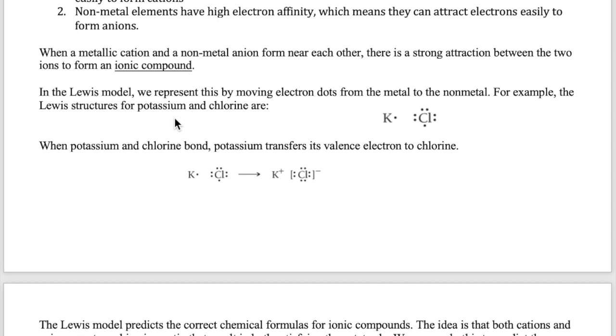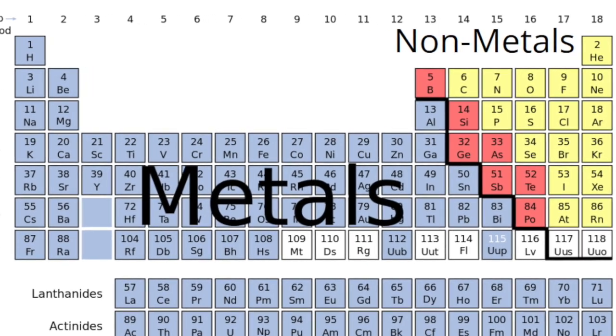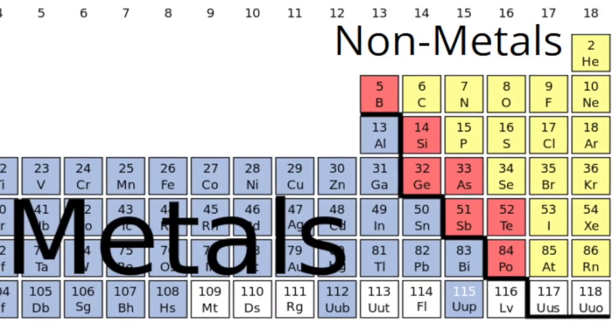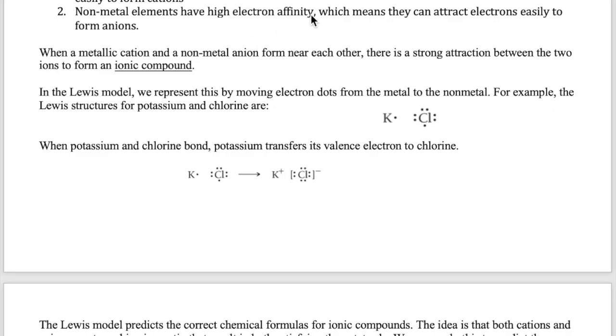That, of course, means that they can lose their electrons fairly easily to form cations. So we know that metals tend to form cations. Non-metal elements on the right side of the periodic table tend to have high electron affinity, which means that they can accept electrons very easily, and therefore non-metal elements tend to form anions.